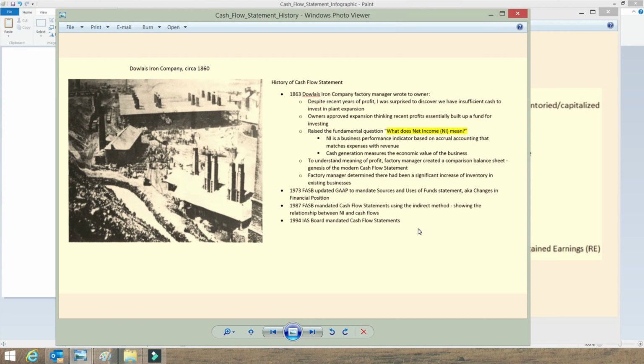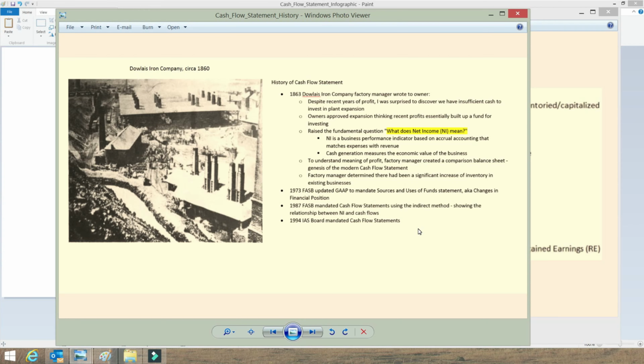So we fast forward here, from 1863 to 1973, when the FASB, the Financial Accounting Standards Board, dictated that every company must provide what they call the changes in financial position. Now, the problem with that statement is it didn't specifically say cash, and so some companies took liberty with that, and you didn't get consistency across companies as to what changes in financial position they were really measuring.